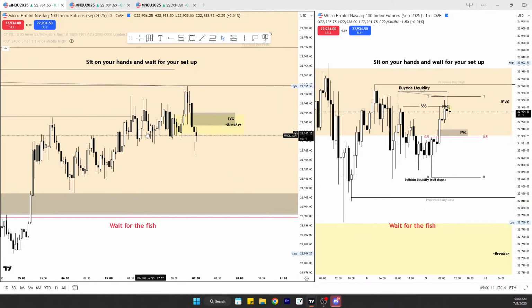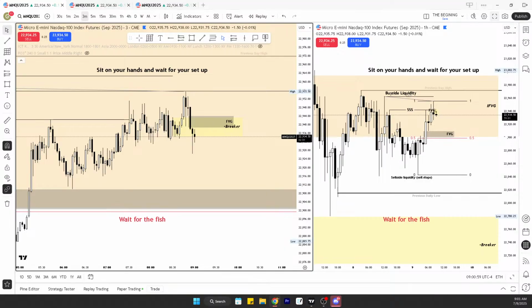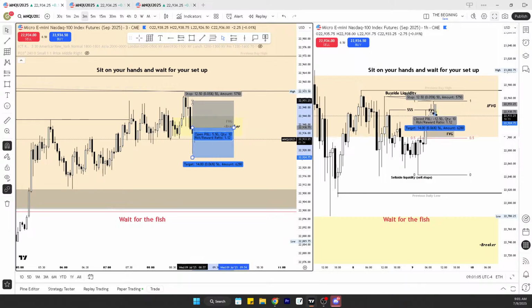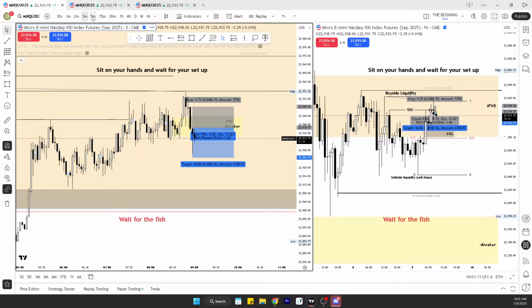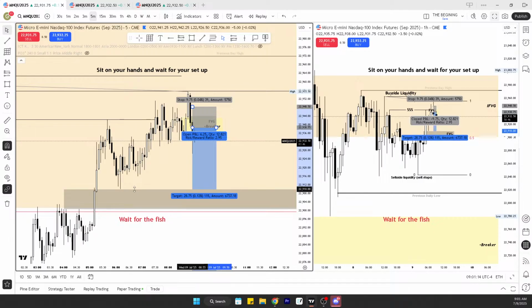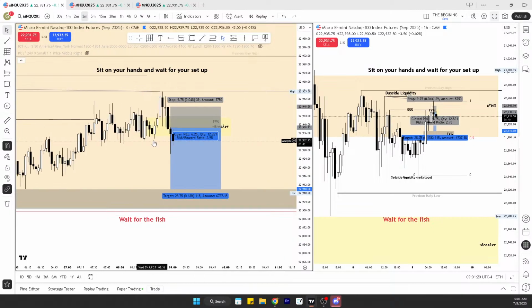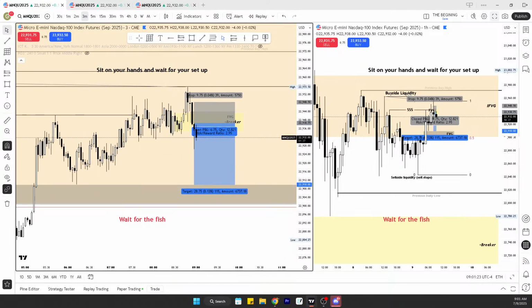It's looking like a trade right here, y'all. Something of this nature. This could be a possible trade right here. Y'all see this run? This is like a little trade.